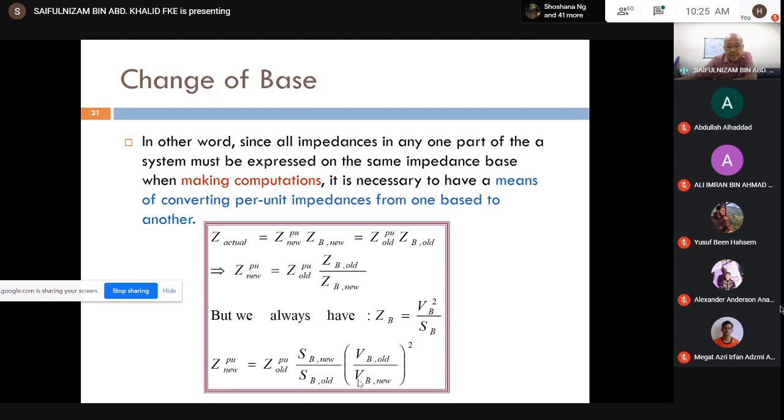So this is a very important equation in finding the new per unit value, when the reference voltage and MVA are selected for the whole system.